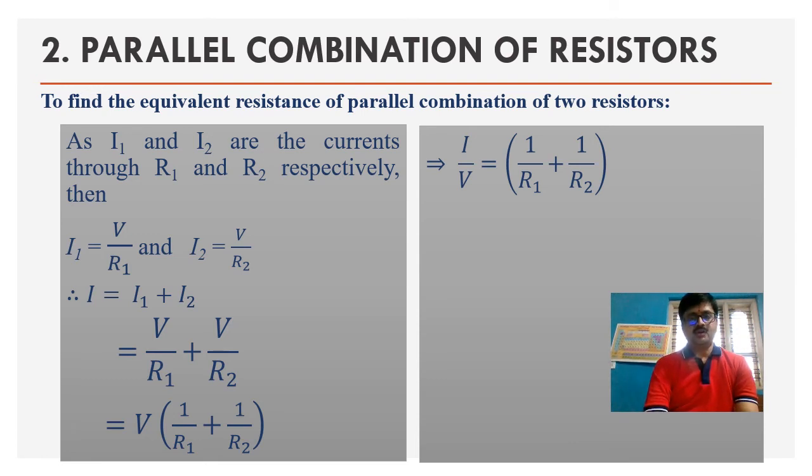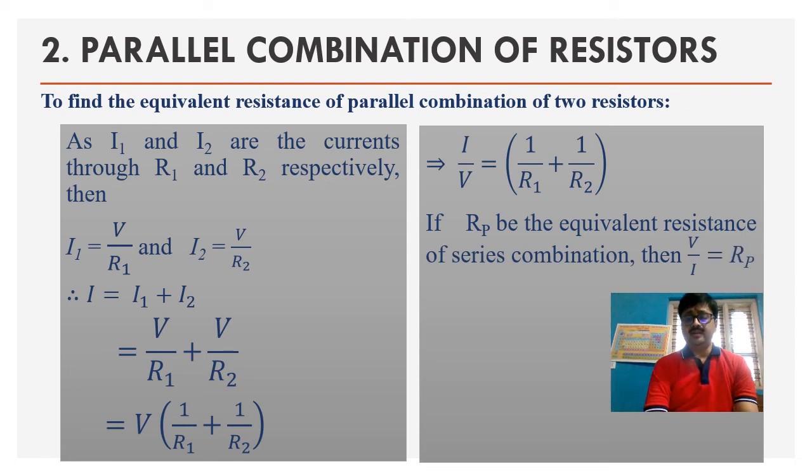So accordingly, now let us make the assumption of equivalent resistance again. Let us say RP is the equivalent resistance of these two parallel resistors that we are considering. So accordingly, we can say that RP becomes equal to V divided by I. Is it not? But in the equation, my friends, what we have here is I divided by V. So is it not the simple reciprocal of V by I?